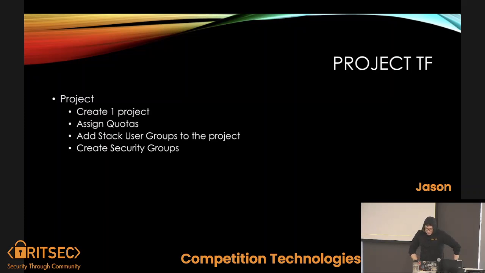Also in the project, we can assign block storage quotas. Actually, first, that's the compute quota. Block storage is how many volumes we are going to have, how big each volume can be, and how many snapshots we can take, and other stuff like that.